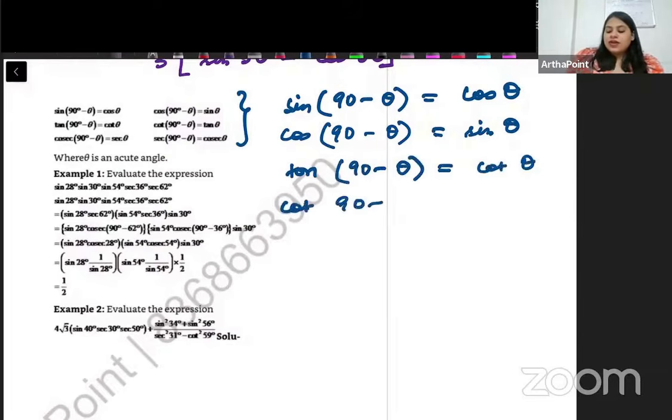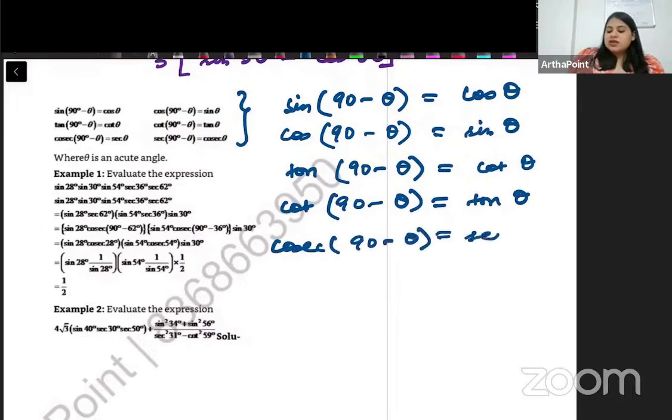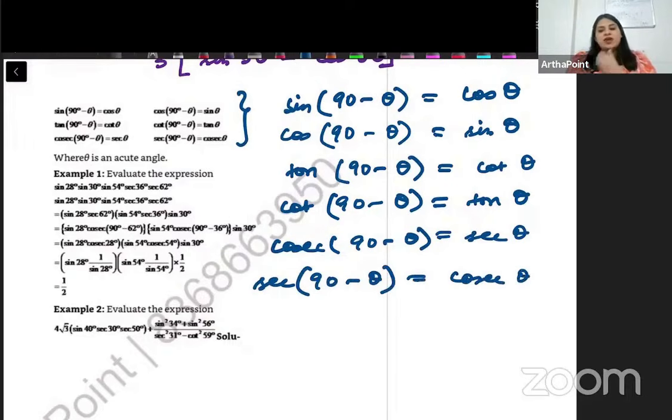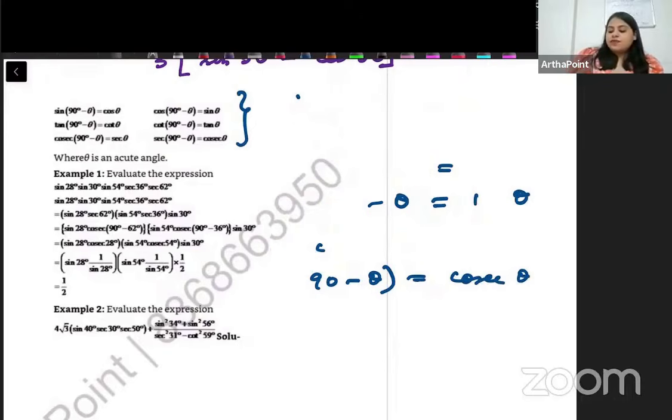Cot 90 minus theta is tan theta. Cosec 90 minus theta is sec theta. And sec 90 minus theta is cosec theta. These are some of the identities that you should be remembering.